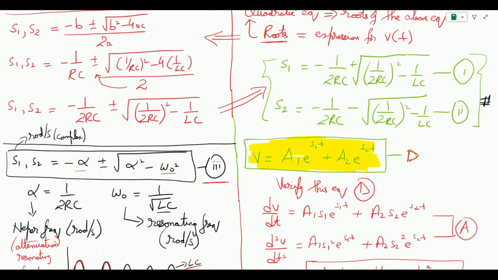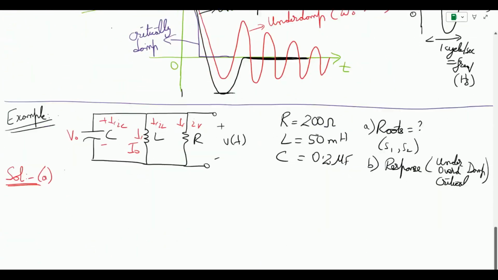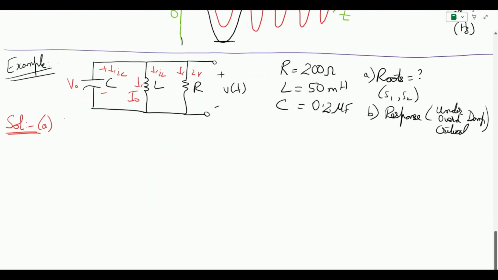We know the roots depend upon the Neper frequency and the resonant frequency, so we just need to find those. We need to find the roots S1 and S2, which are minus alpha plus minus the square root of alpha square minus omega naught square. This is the equation that we need to fill in the values with.